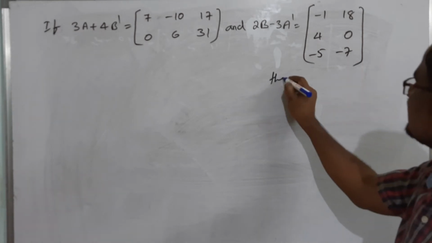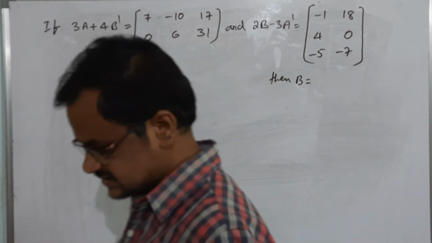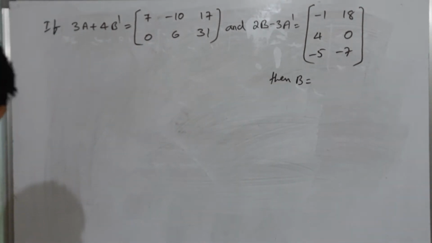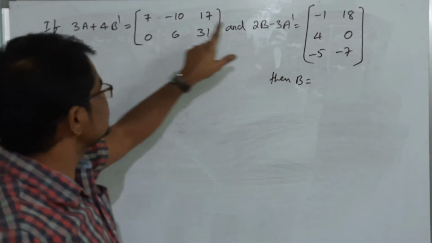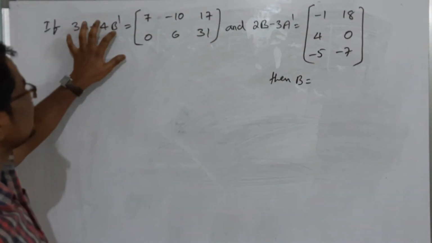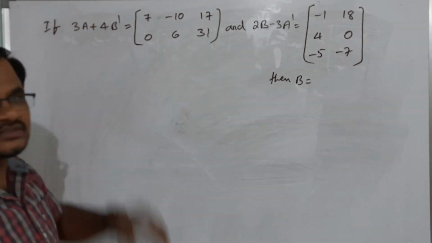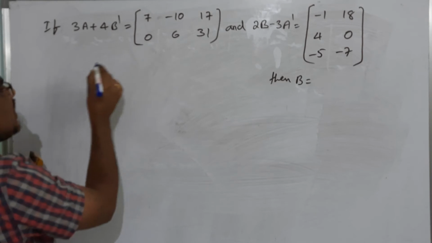Then they are asking for B. I think we have done this problem already. So once again, you see, what they are asking for is B, and here B is there. So you take the transpose on both sides.